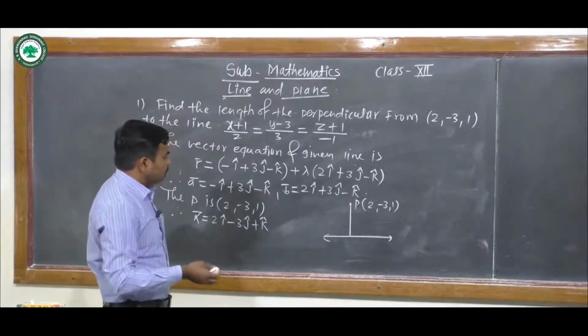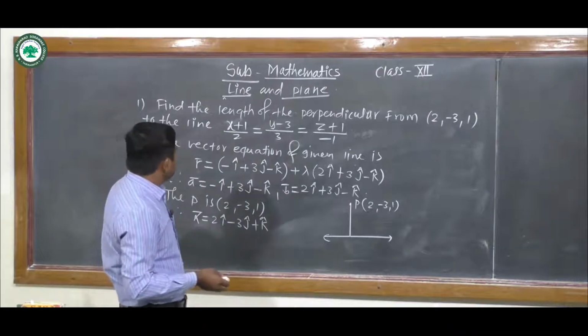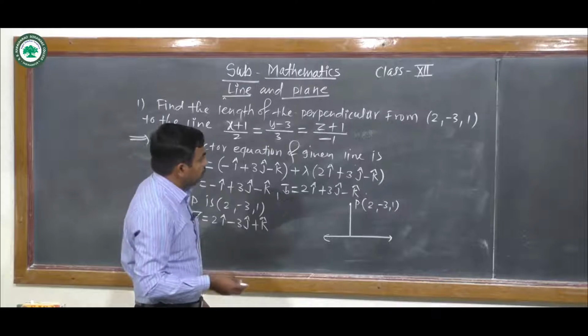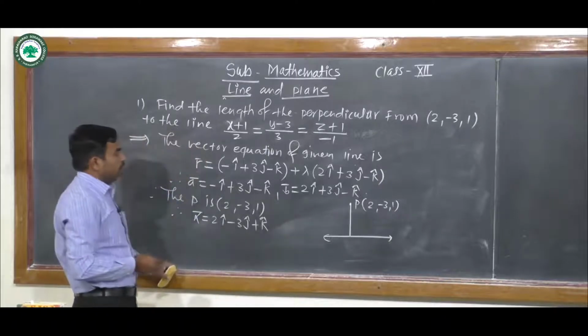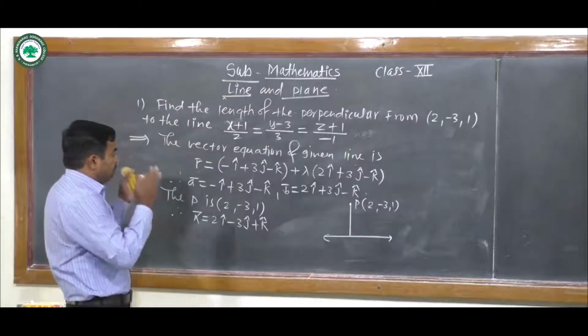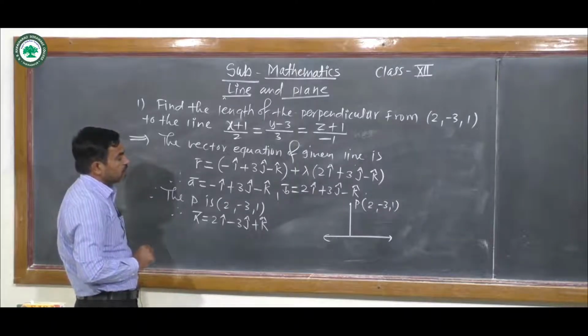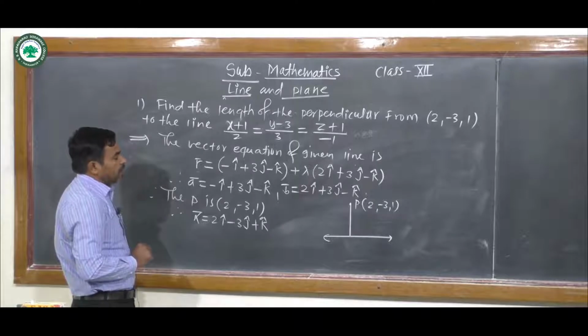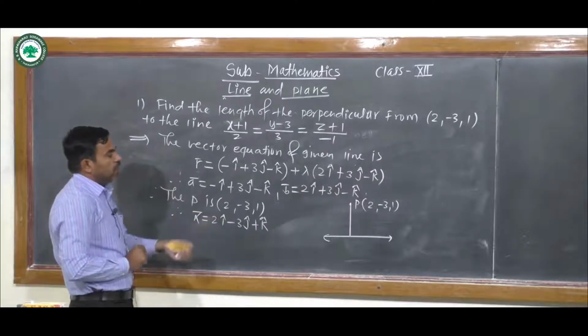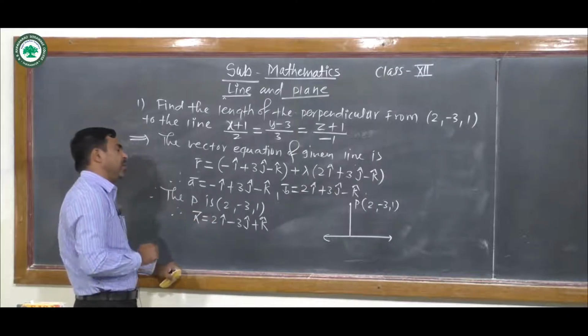The formula is known. The shortest distance is the square root of magnitude of alpha bar minus A bar, whole square, minus alpha bar minus A bar dot B bar, whole square, divided by magnitude of vector B, whole square.